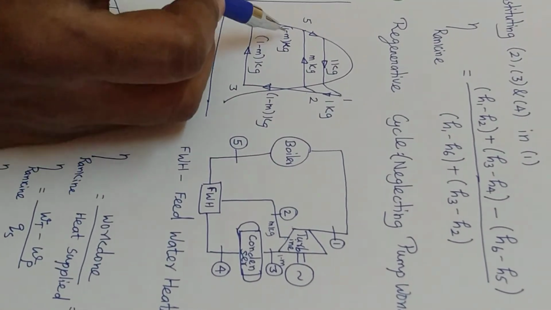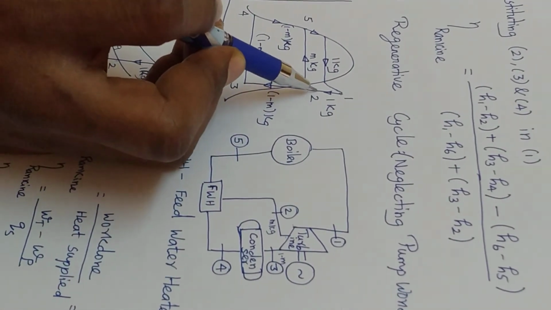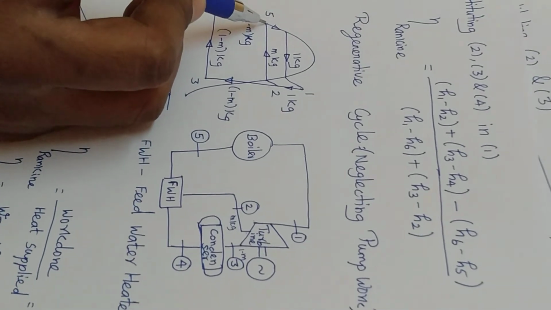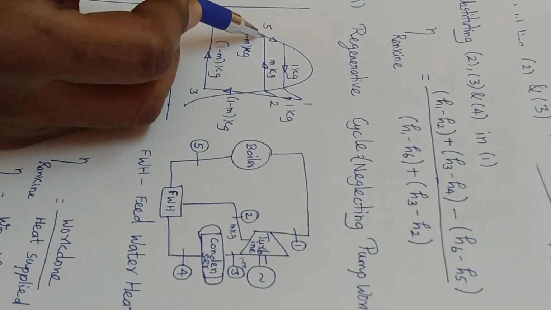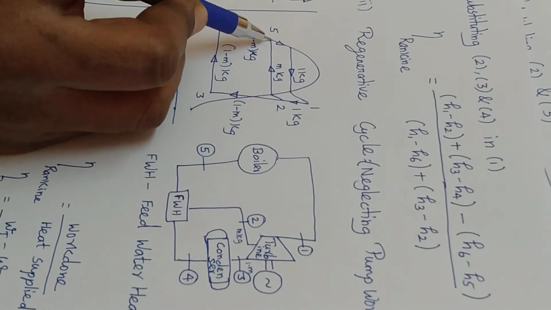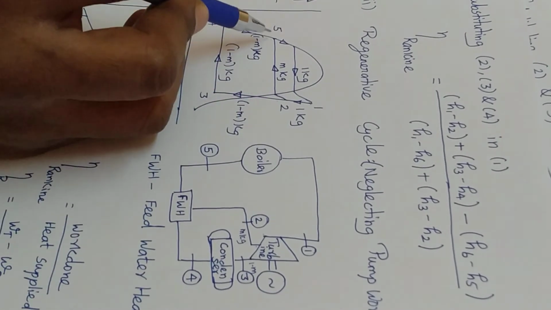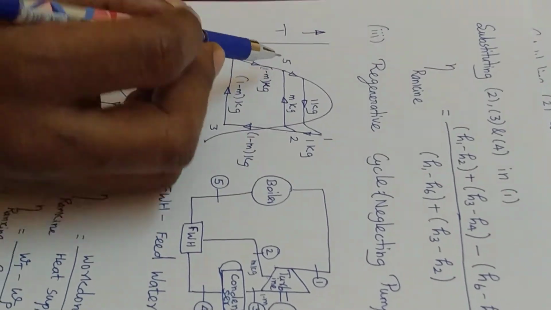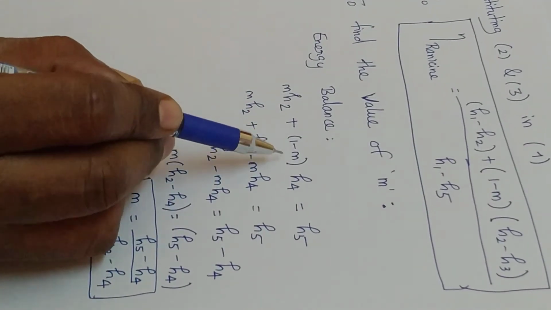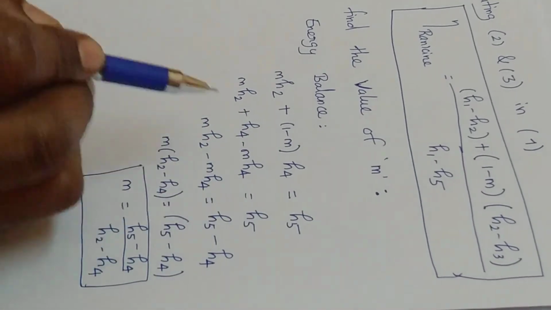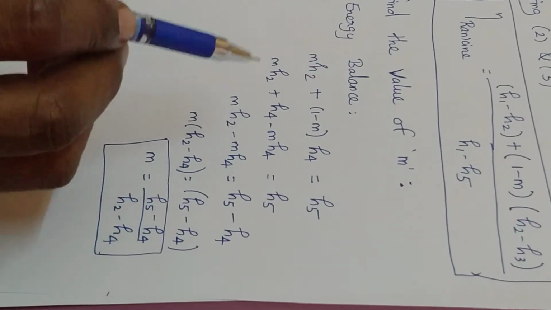So 1 minus m kg at H4 and m kg at H2 both get mixed up together at point 5, which is called H5. Therefore H5 is equal to m into H2 plus 1 minus m into H4. With the aid of that energy balance, we are going to find out the value of m.